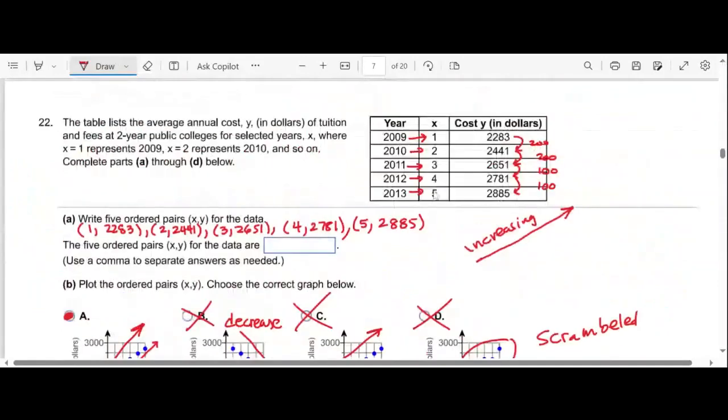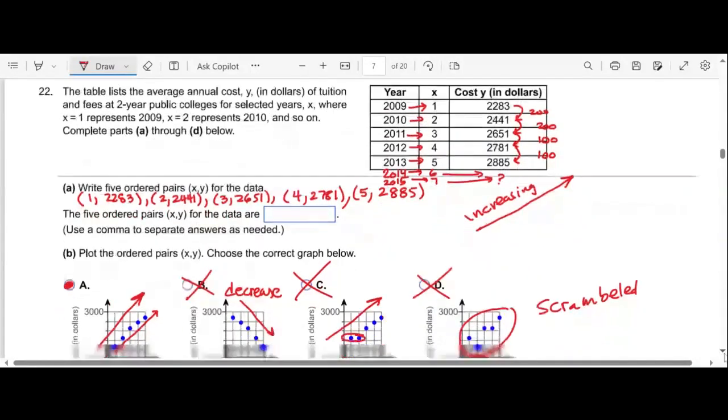So he wants you to estimate the value here. Here I'm going to have 2014, and 2015. So this will be 6, and this will be 7. He wants to know how much when it's 7.